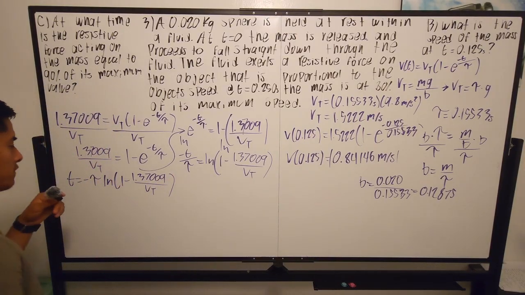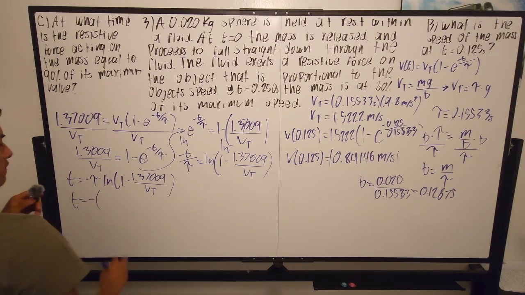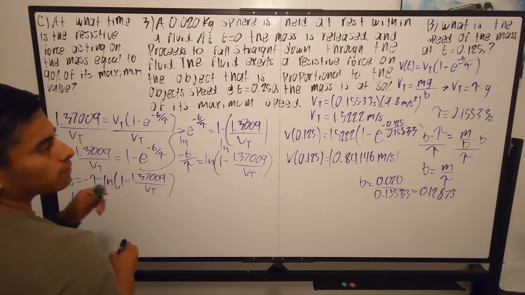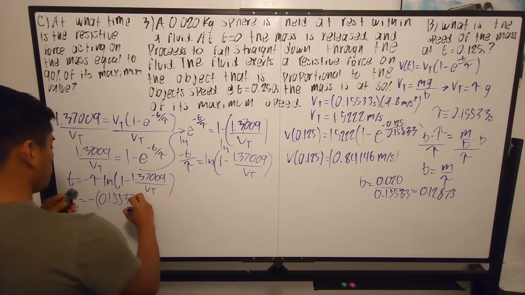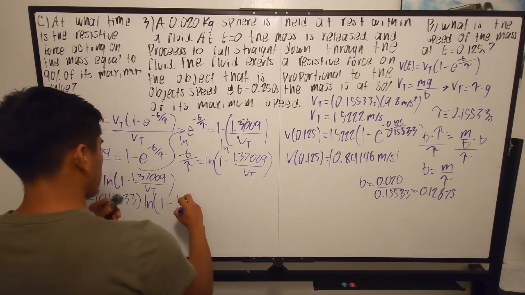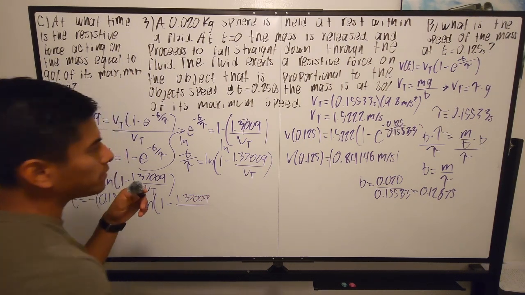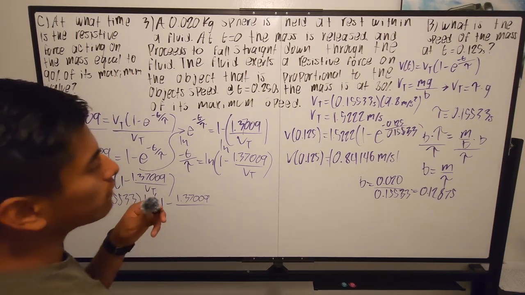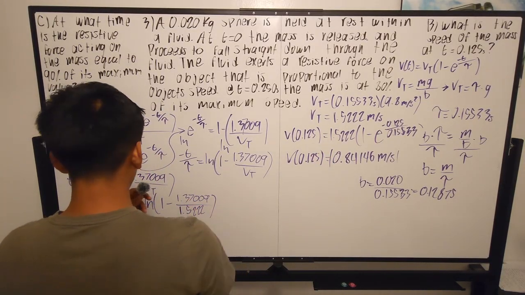And I know all of these values, so I'm just going to go ahead and plug those in. Time is going to be equal to negative tau, which is 0.15533 multiplied by the natural log of 1 minus 1.37009 all over the terminal velocity, which we found over here to be 1.5222.